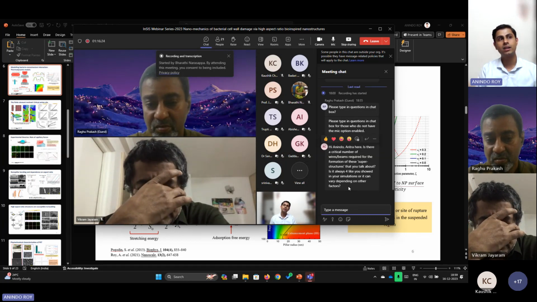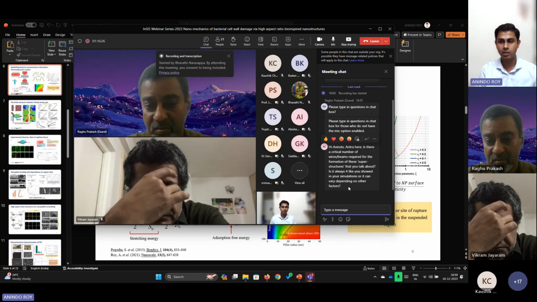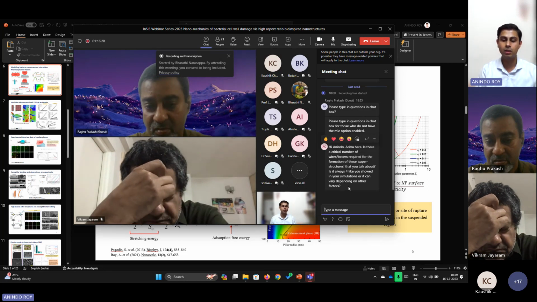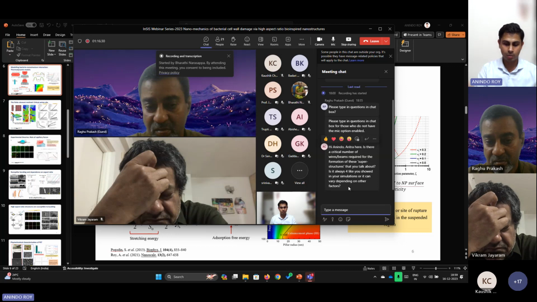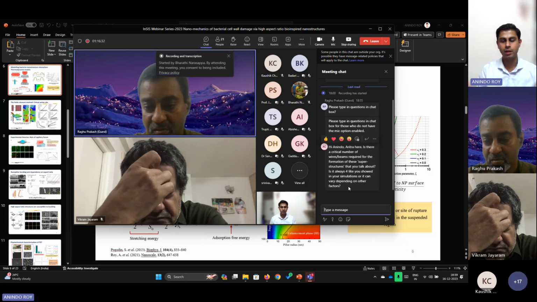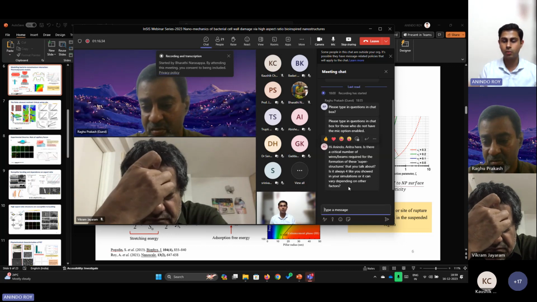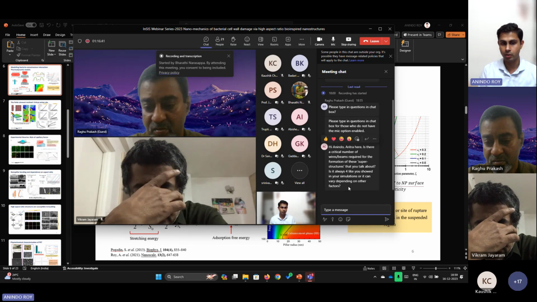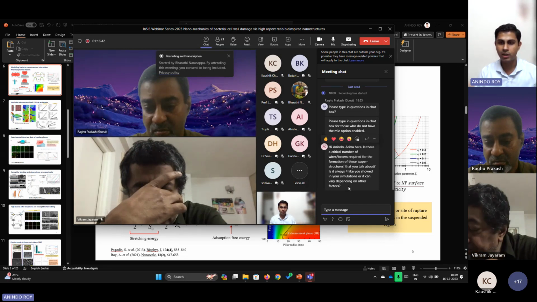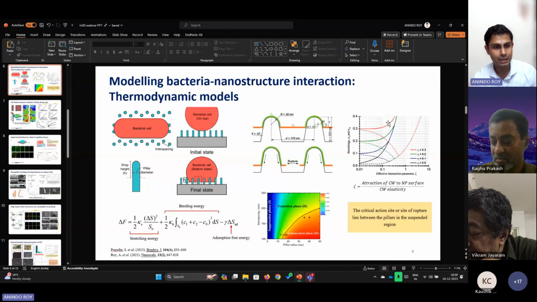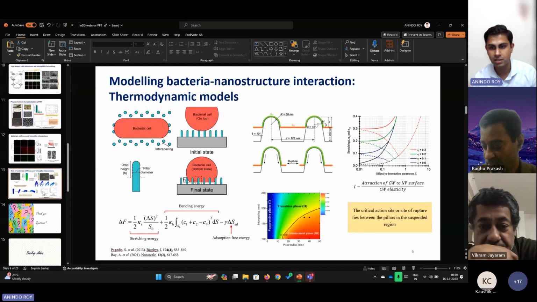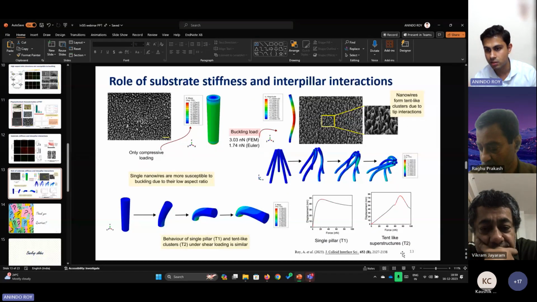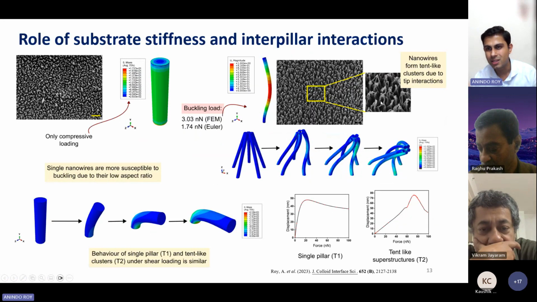Now, the exact number of pillars that will come together depends. Even in the same nanotopography, there can be superstructures with, let's say, 4 or 5 pillars coming together, and there can be superstructures with more pillars, maybe 10 or 12. We chose 5 pillars because, as you can see in the SEM image here, roughly there were 4.